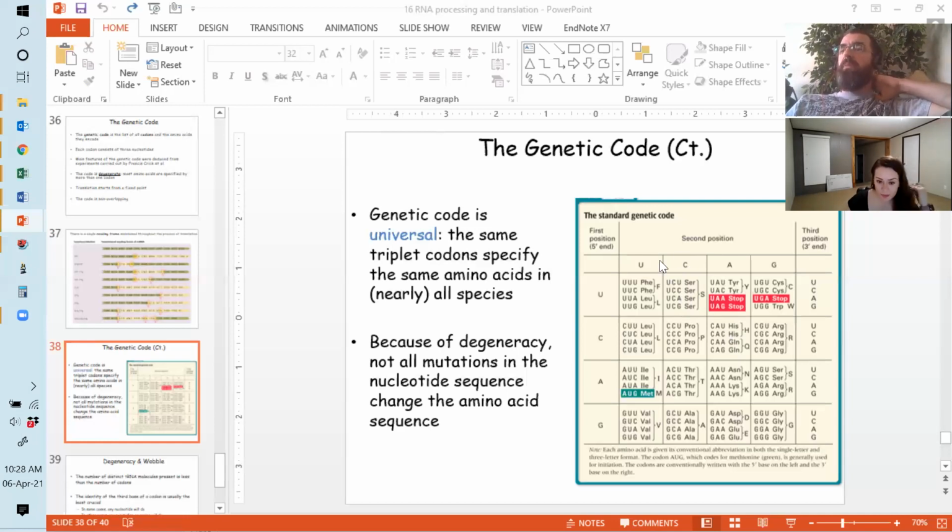That would be a silent mutation. It would be a mutation, a different allele of that gene, but it will not make any functional difference, because you will still get a serine produced, just potentially encoded by a different tRNA.